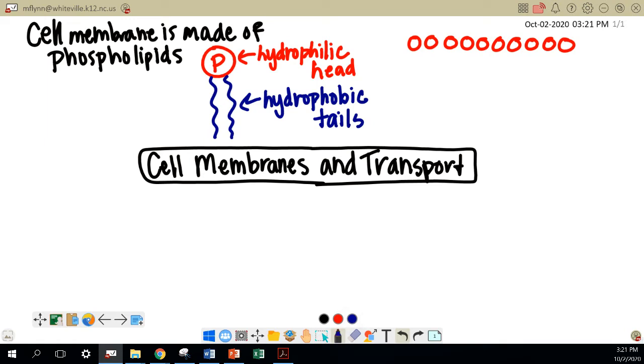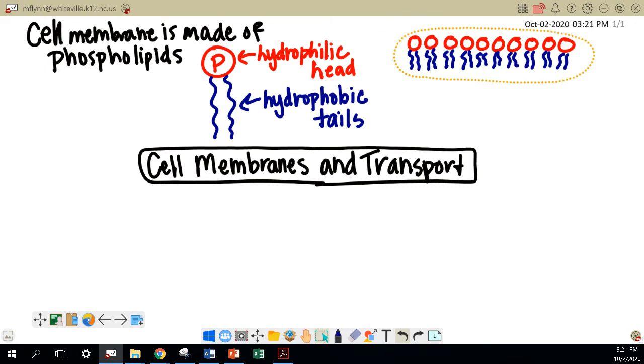And then we have tails coming off of each one of those. So those are each your little individual phospholipids. And the problem is that there is water on both sides of that, and the tails don't like water.